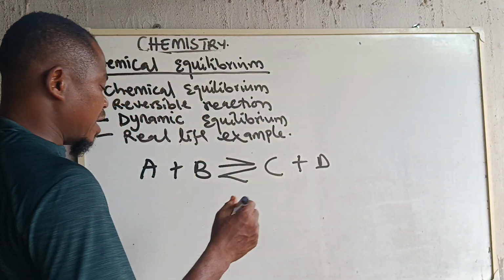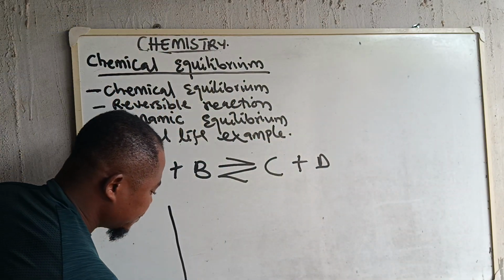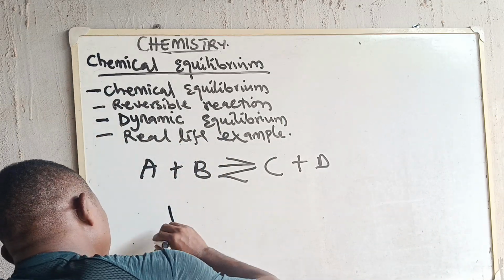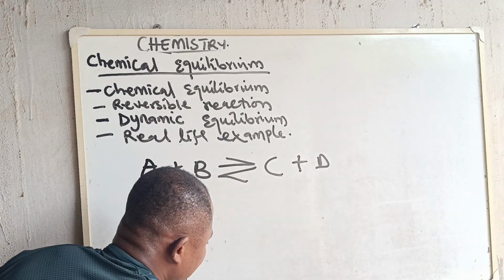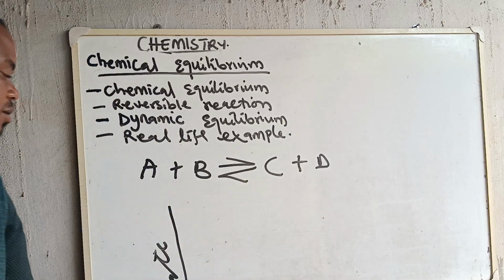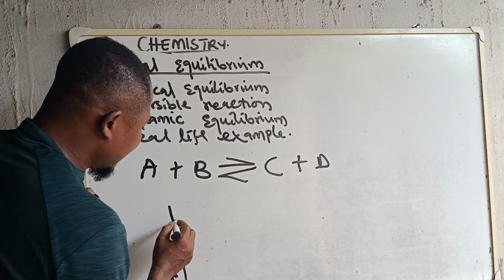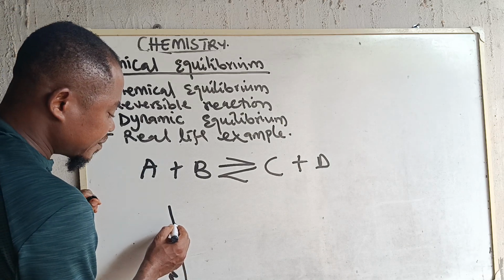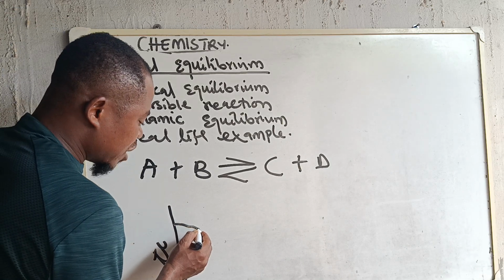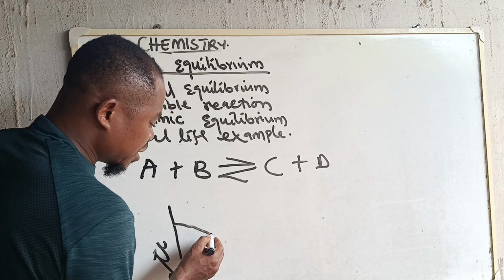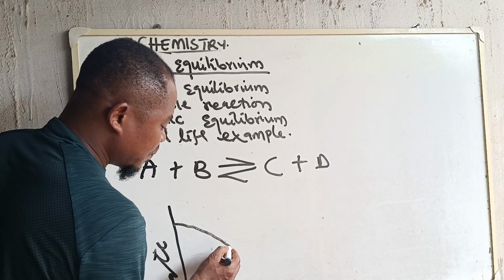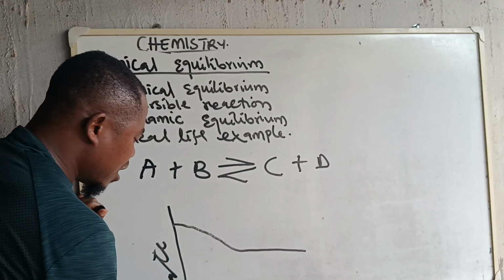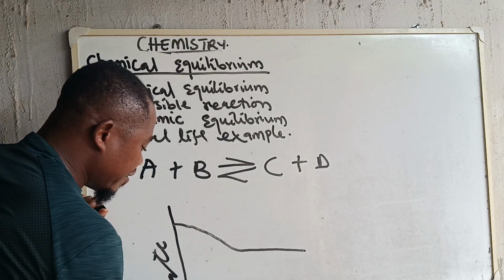Let me explain now with a graph, maybe you want to understand better. If we have a graph where this is our rate of reaction and here is time in seconds. If this is our reactants and they begin from here, started reacting, the rate will be decreasing because the concentration of the reactant will be decreasing. You get to a point and the rate remains steady, simply because the product started reacting gradually.